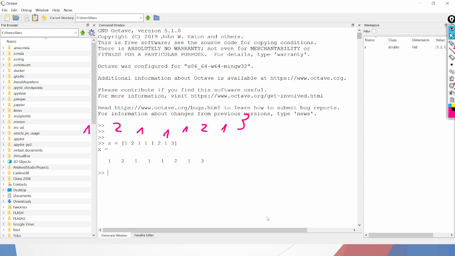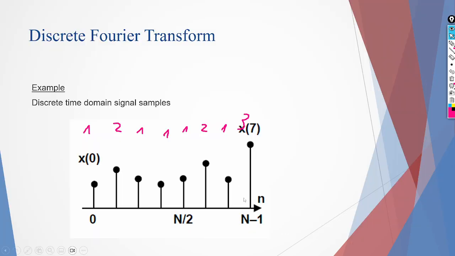I have now 8 samples. And what I want to do now is to calculate the spectrum of this sequence as a signal. So that is done step by step, starting from the first component, second component, third component, and so forth.